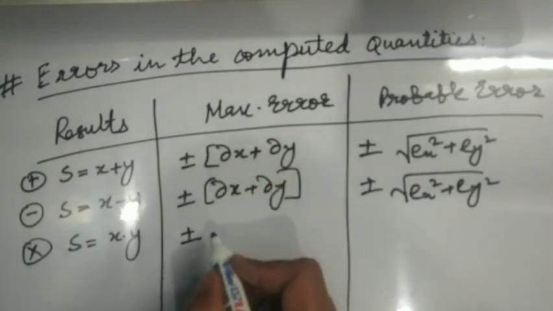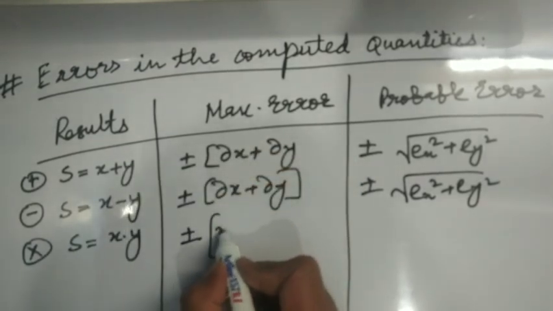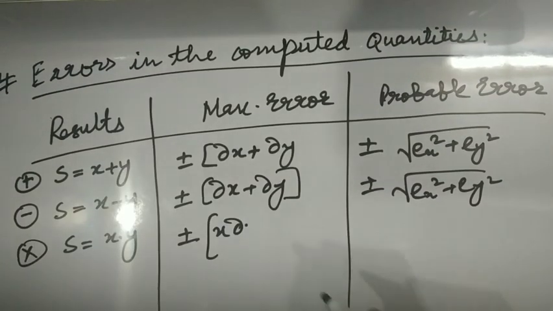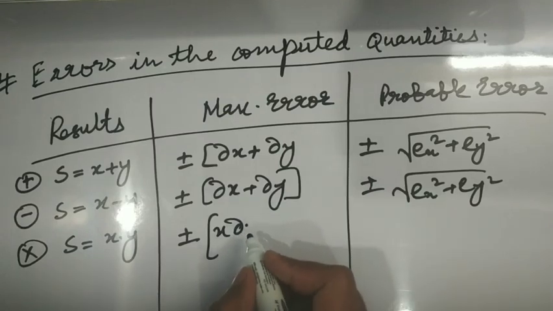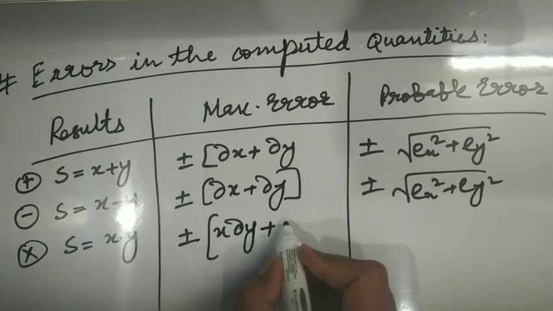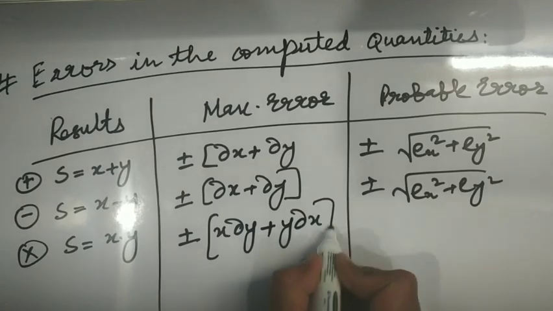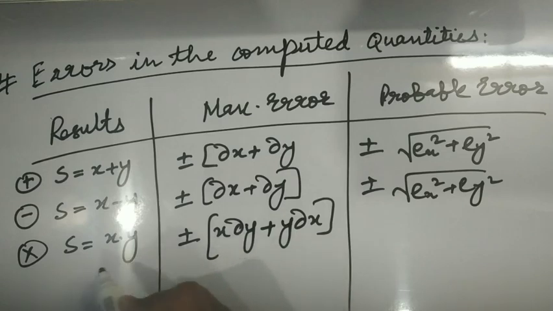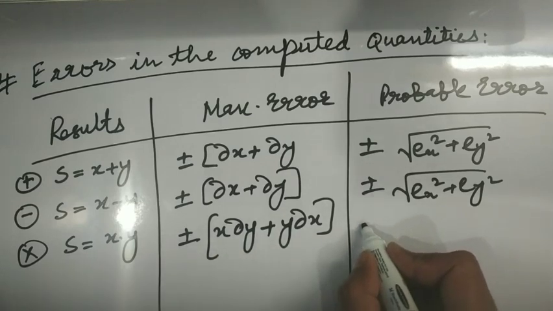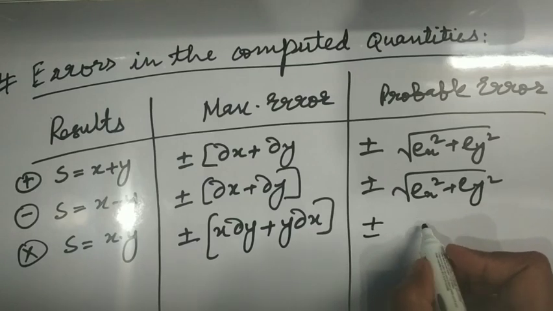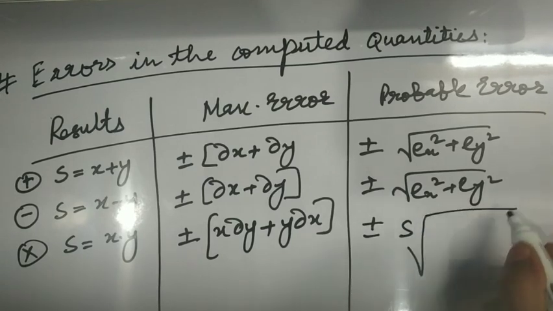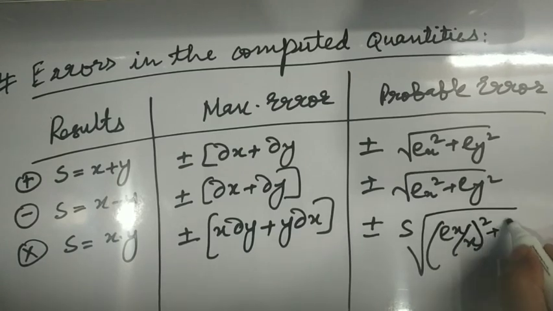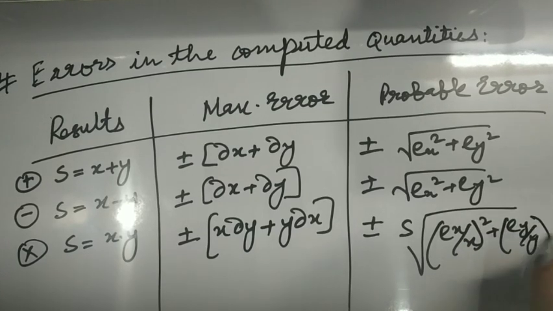So in this case the formula for maximum error will be x dou y plus y dou x. See here, dou x and dou y are the errors in the quantities x and y respectively. And the probable error will be different. The formula will be s under root ex by x whole square plus ey by y whole square.